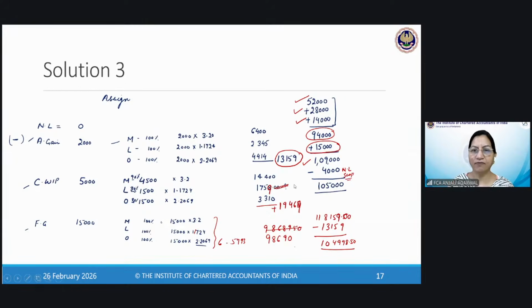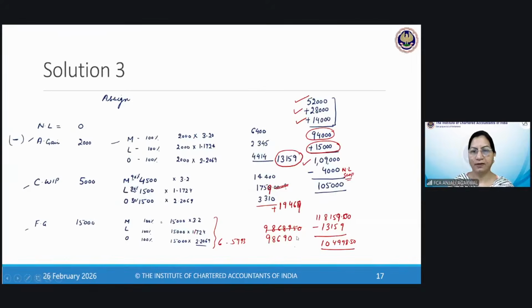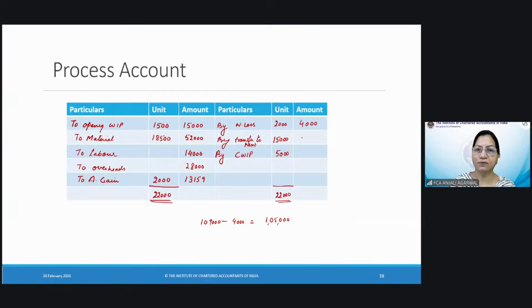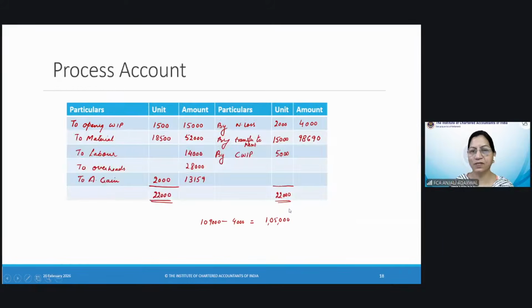So 13,159 goes to abnormal gain and 98,690 goes to transferred goods and 19,469 is allocated to closing WIP. Now you will see that your totals will exactly match.